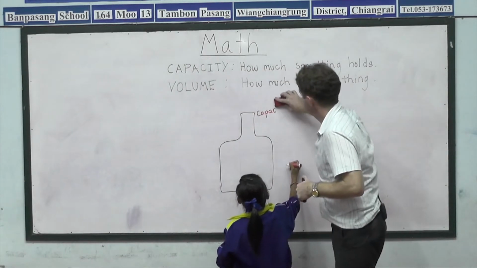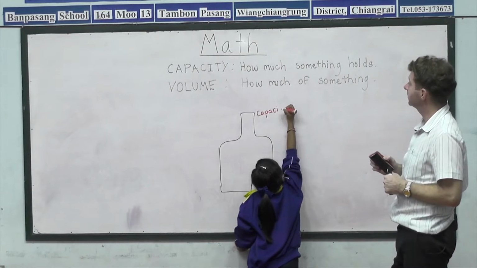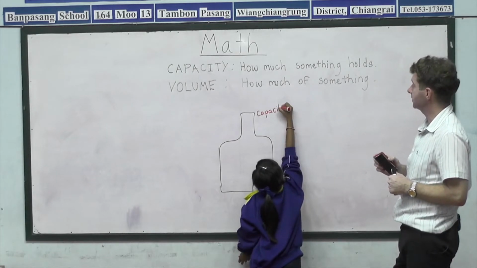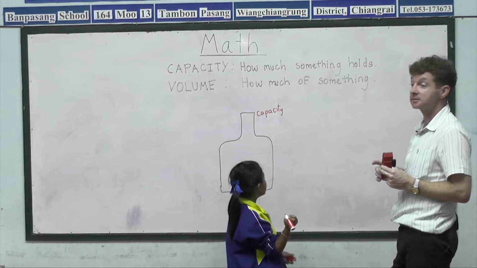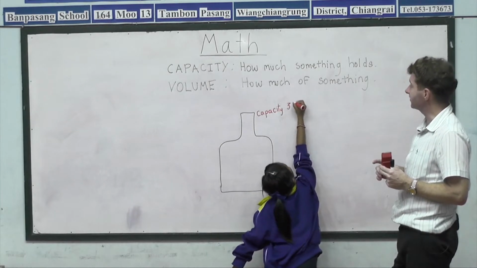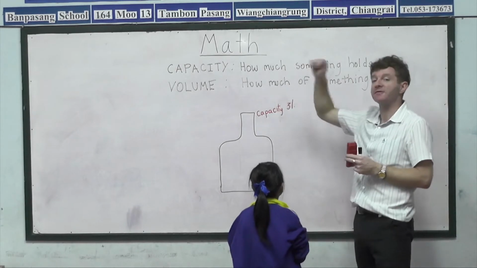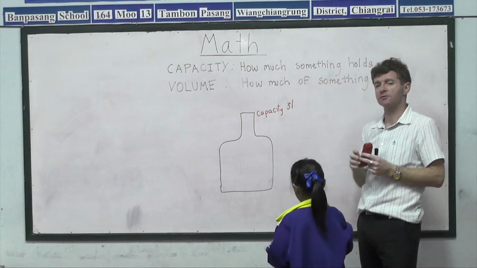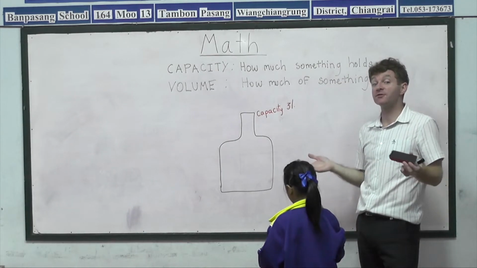And what are we saying the capacity is? 3 liters. Excellent. Very good, Pak Bung. So we know now the capacity of the bottle is how much? 3 liters. Okay, so can somebody give us a volume?